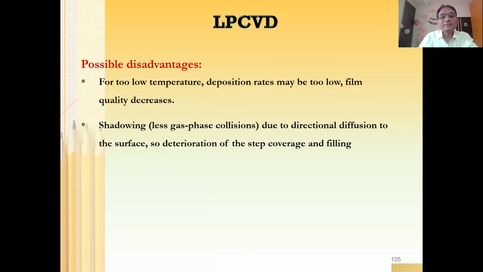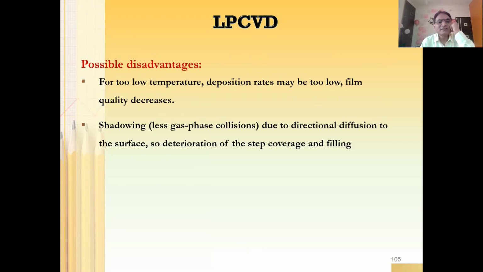What are the possible disadvantages? At far too low a temperature, the deposition rate may be too low and film quality decreases. So although it has a low temperature, the deposition rate is going to be very low, and as a result it will decrease the quality of the film.